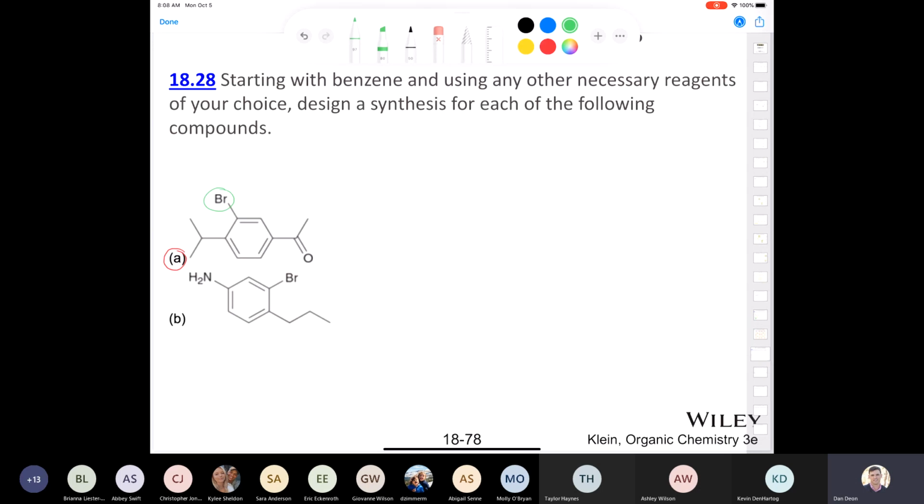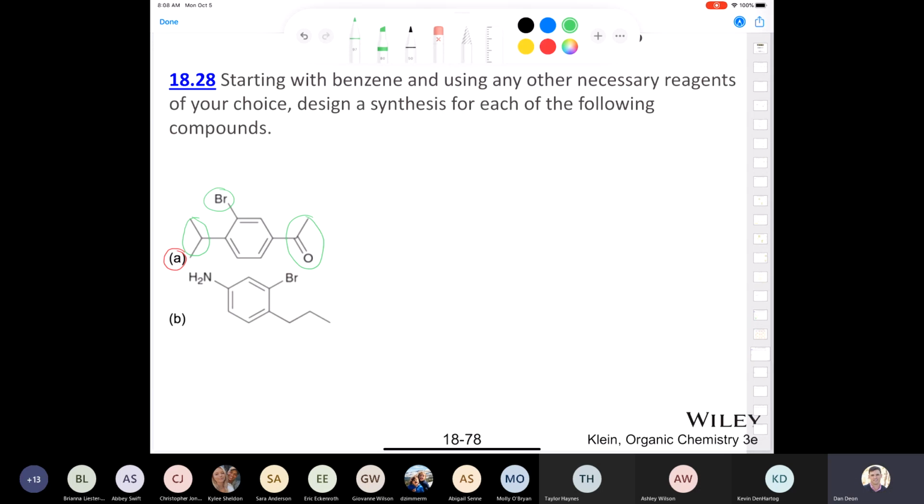We know that halogens are weak deactivators, and they are. We have this isopropyl group, right? Alkyl groups, we know that those are weak activators. They're ortho-para-directing. And then we have this acyl group here. We know that acyl groups are moderate deactivators, and they are meta-directors.